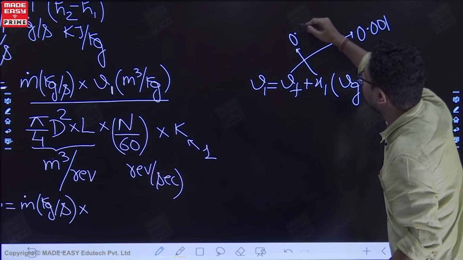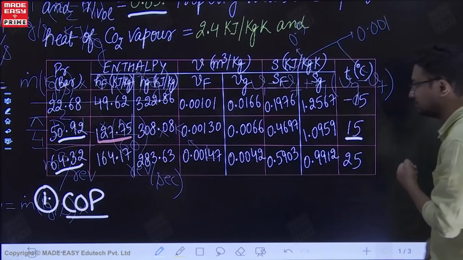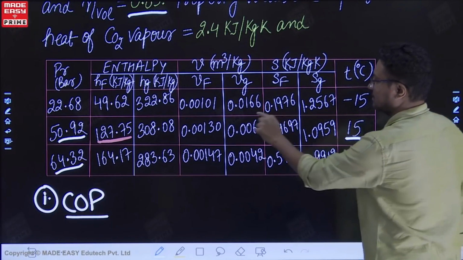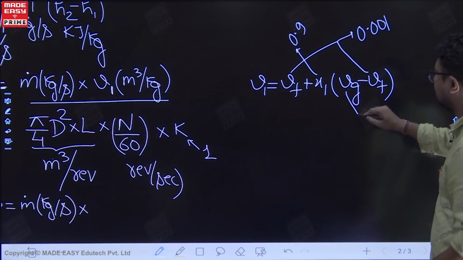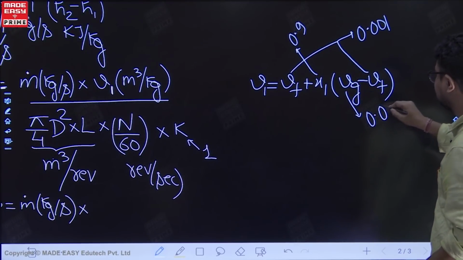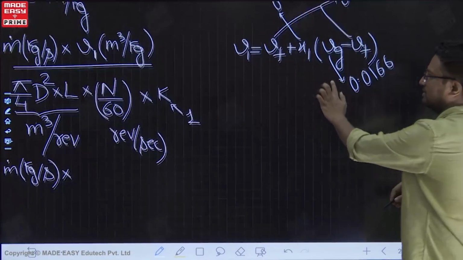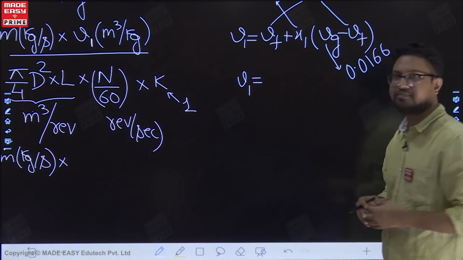Dryness fraction we know is 0.9 at entry to the compressor. Vg, corresponding to minus 15, is 0.0166. This is the value of Vg. So we know Vf and Vg, and we can find out V1.